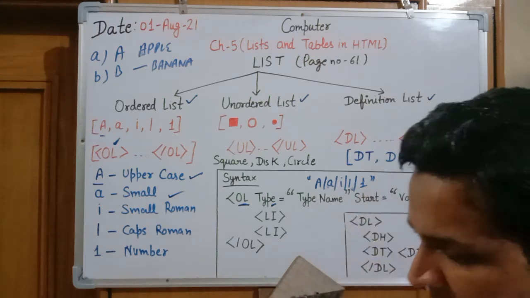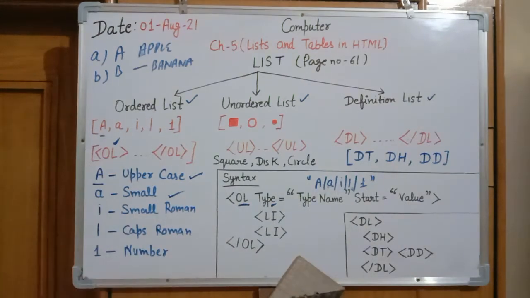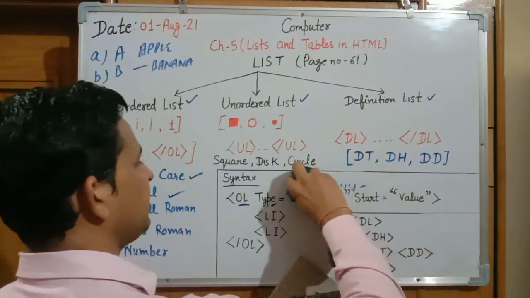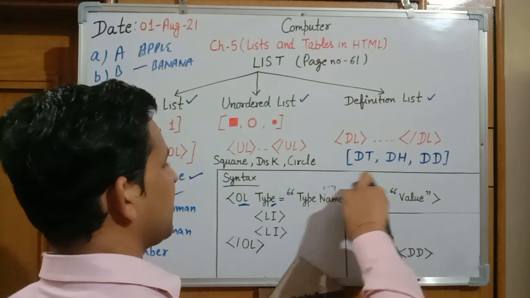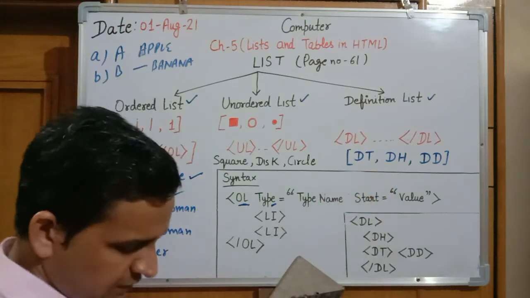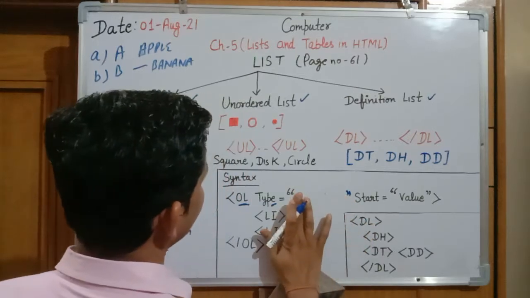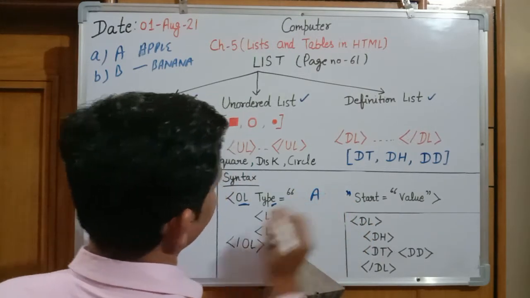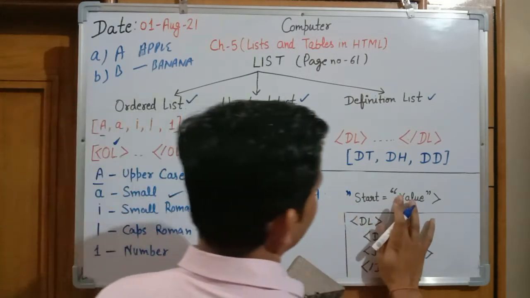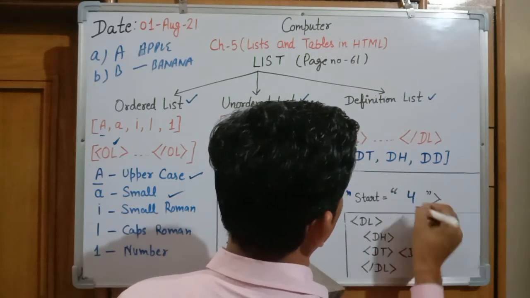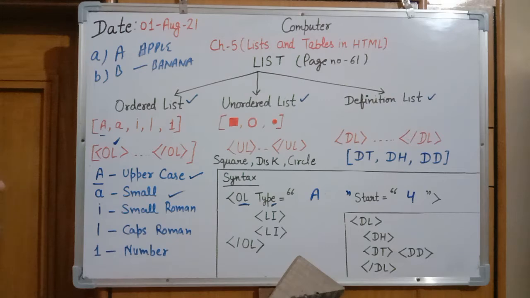Suppose I am taking the type capital A as per the syntax. And in start I am writing 4.